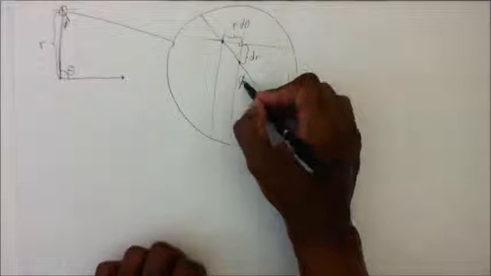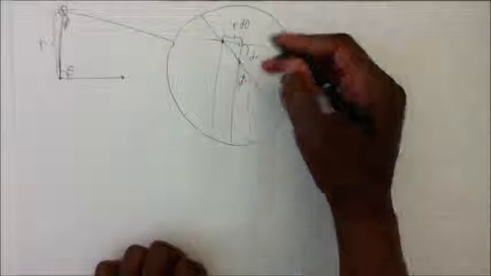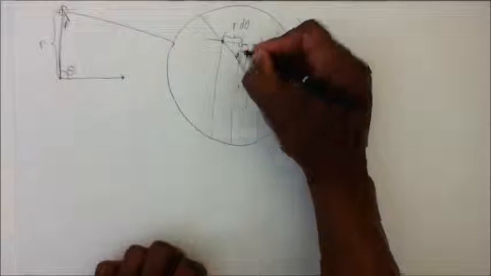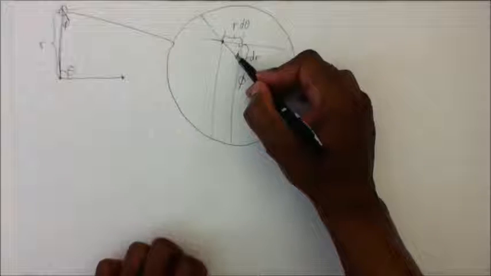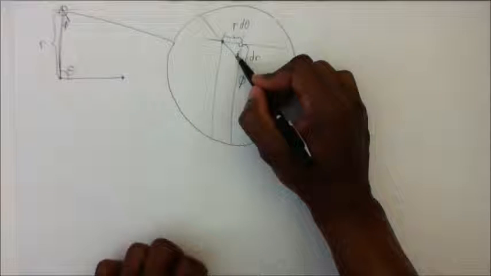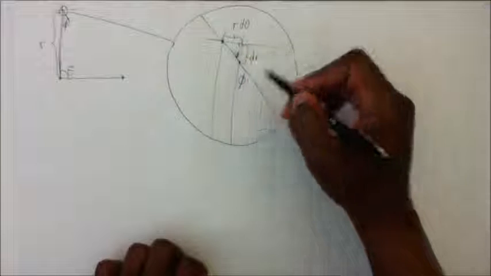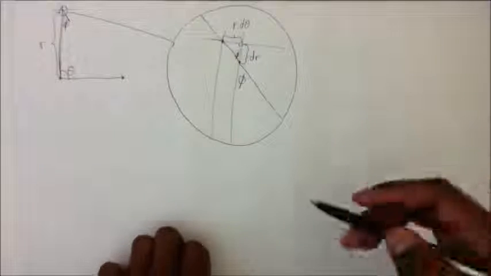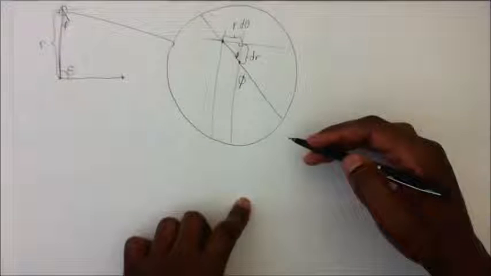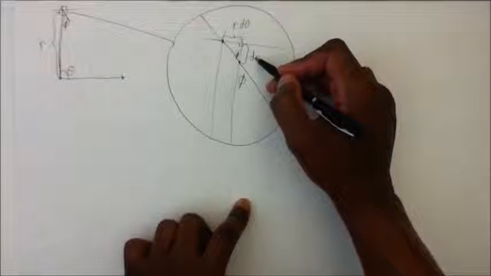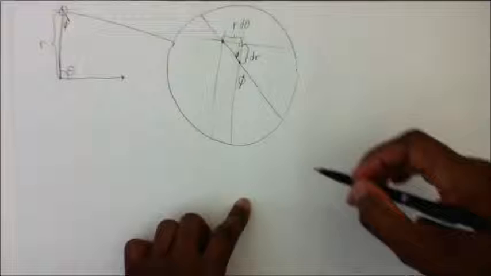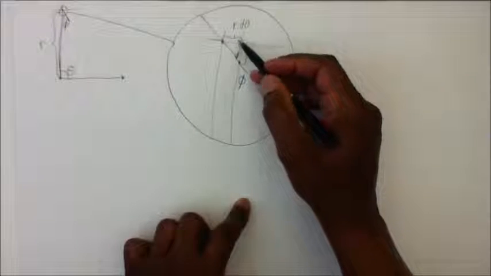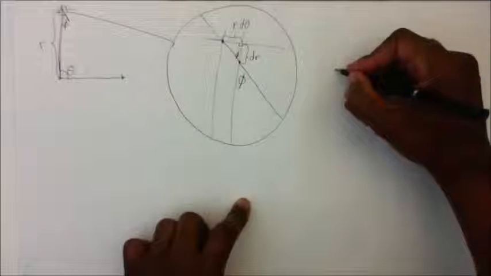Well, now, if phi is constant, the angle opposite phi is also equal to phi, so that stays constant. And if this angle stays constant, then the cotangent of this angle stays constant. So we can say the cotangent of phi, which is a constant, is going to be dr over r d theta, which is basically the adjacent over the opposite.